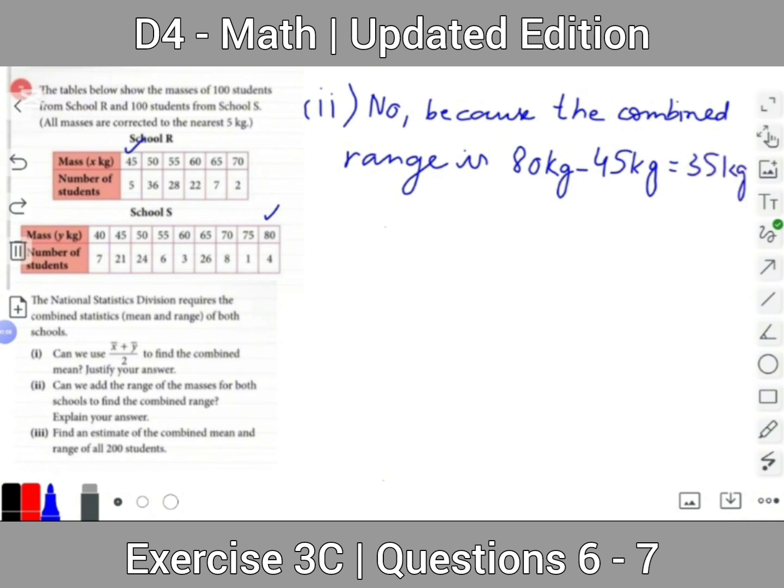just because it is a combined range, which is not equal to the sum of respective ranges.